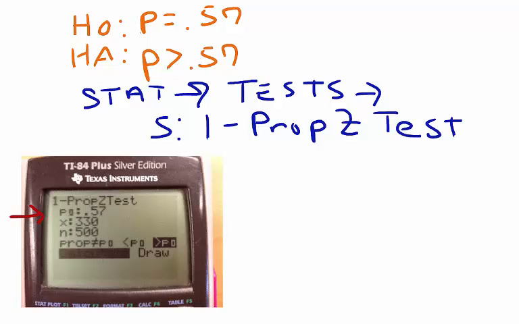Then you'll type in an x value. We type in 330. Where did that come from? That number came from taking our sample size of 500 and multiplying it by p hat, 0.66.